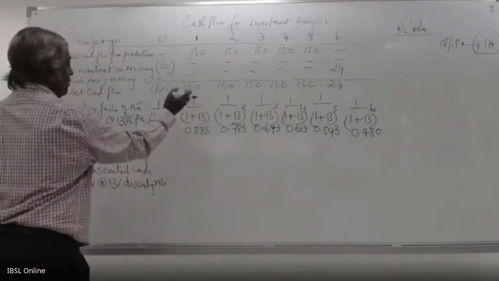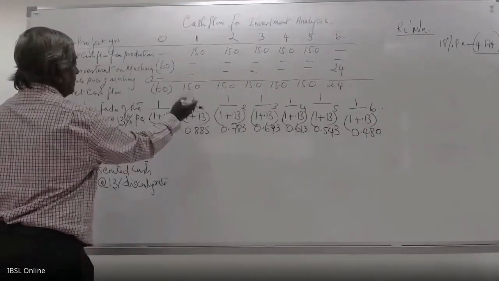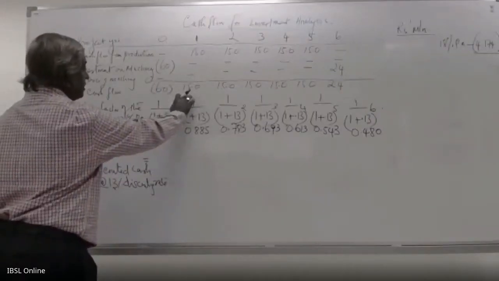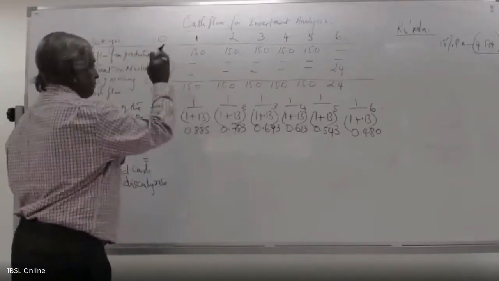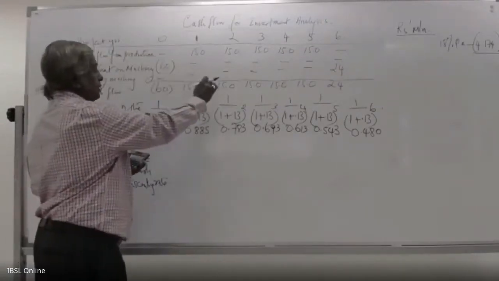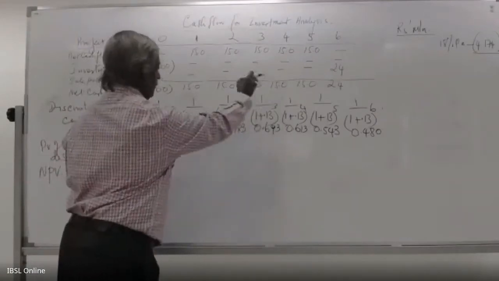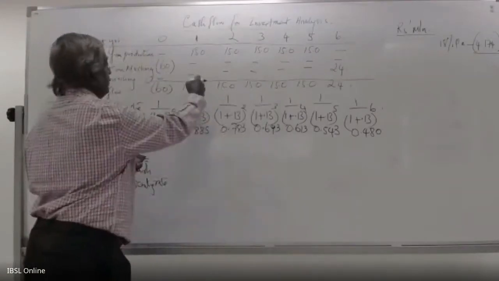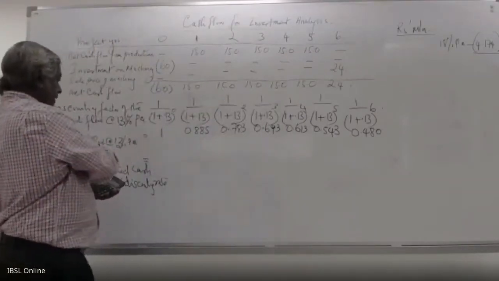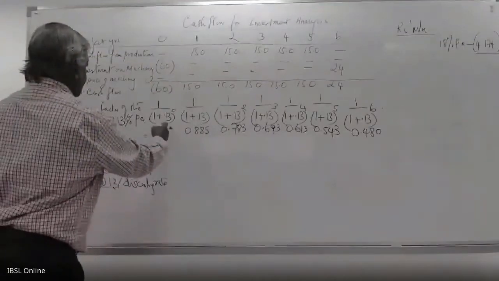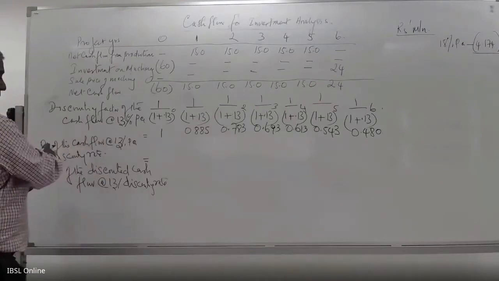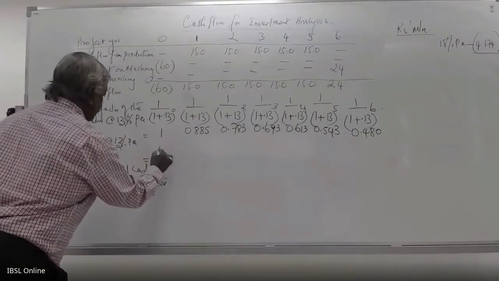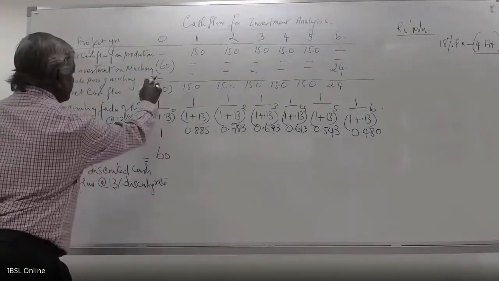Now multiply the future values by the respective discounting factor to convert that future value into the present value. So this is PV of the cash flow at 13%.